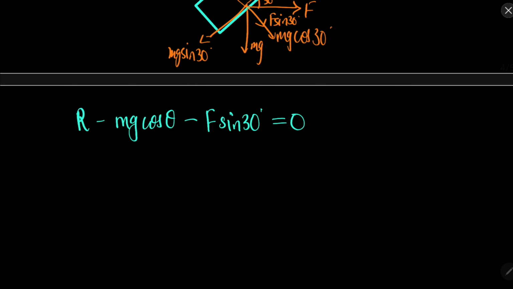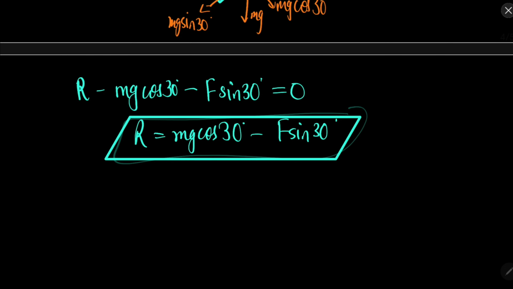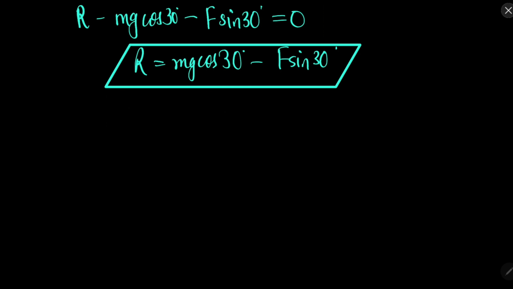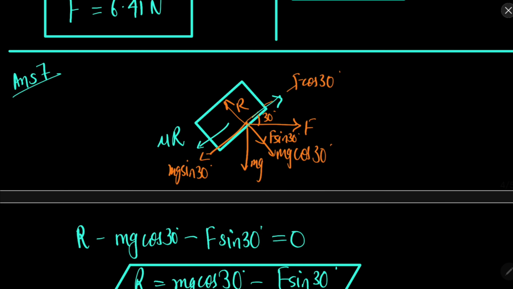So from here R comes out to be mg cos 30 degree minus F sin 30 degree. So this is one equation. Now another equation is of this part. So here we have mg sin theta plus mu R minus F cos theta equal to 0. Mu R is here in this direction because you need to move it upward.